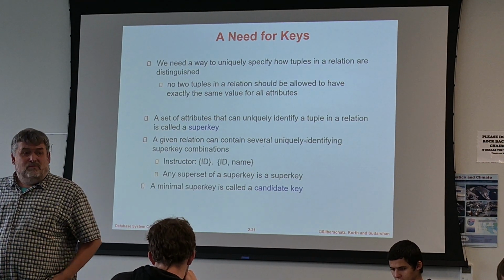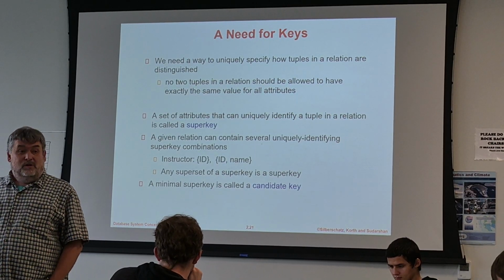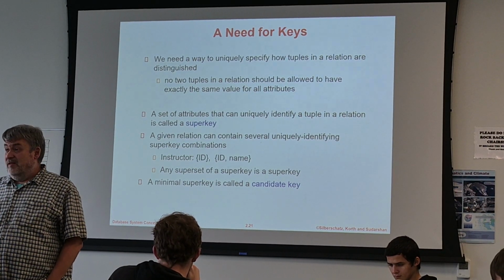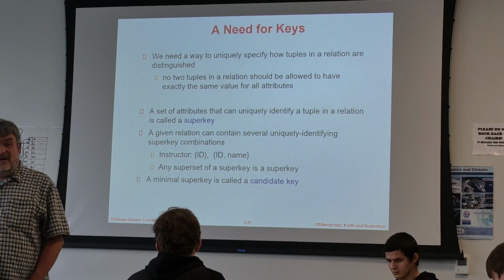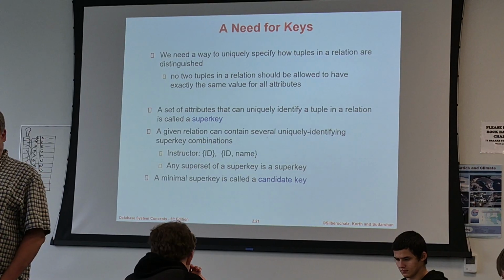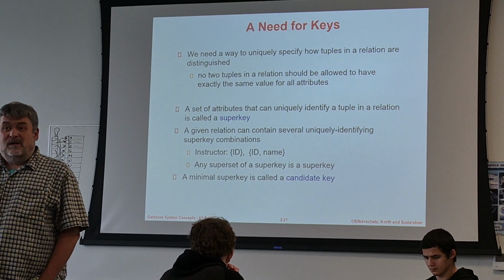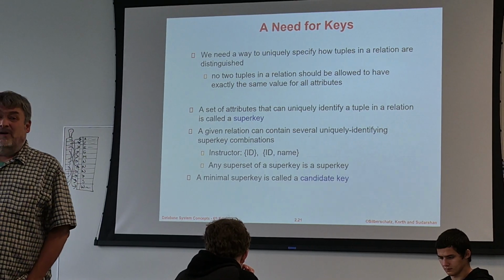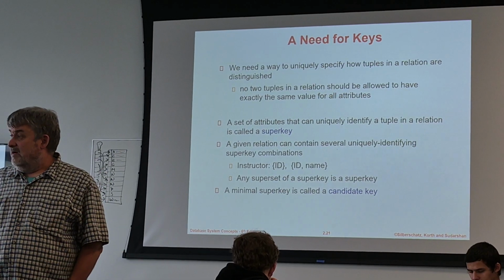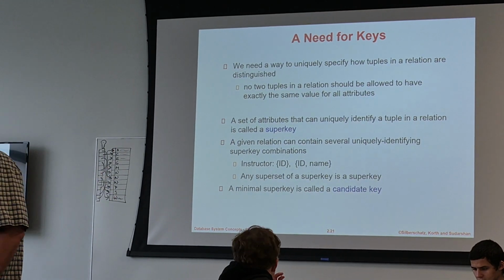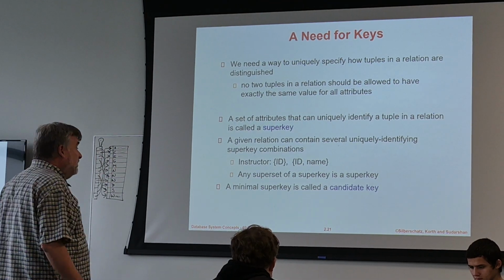We could have multiple, even in the instructor or student table, multiple single columns that are unique. It's not in your schema diagrams, but if the student table included a social security number, you guys probably all have a social security number, that would also be useful for ordering unique values, for ordering the students in social security number order.